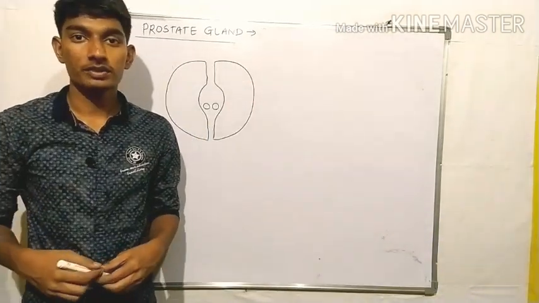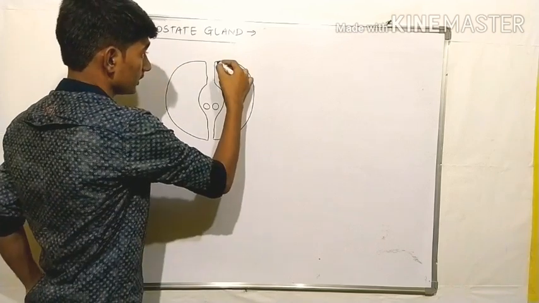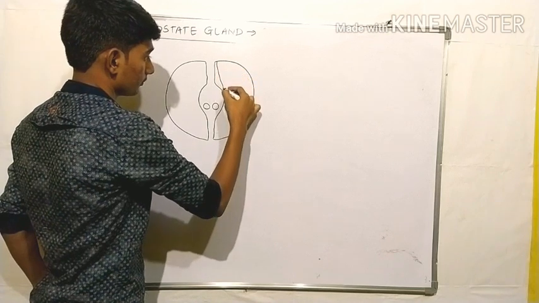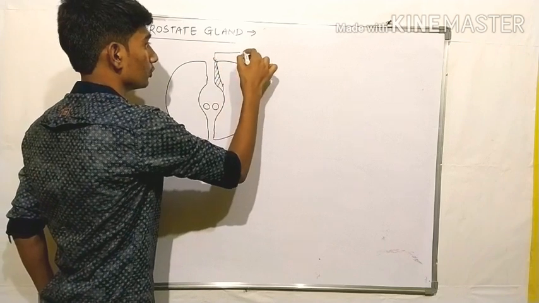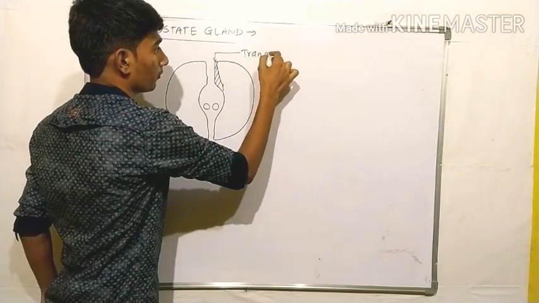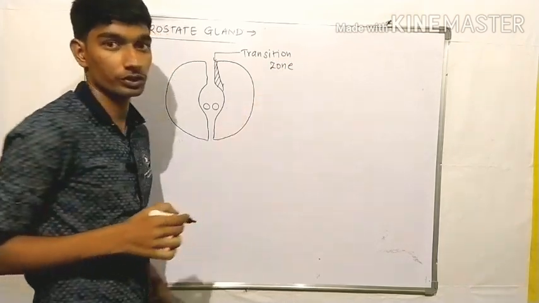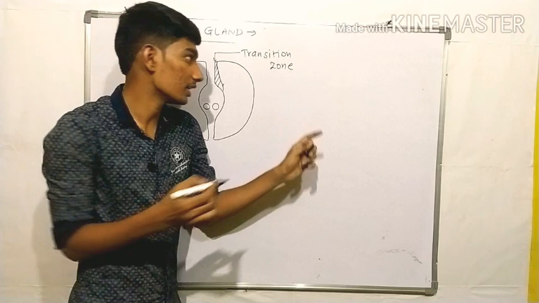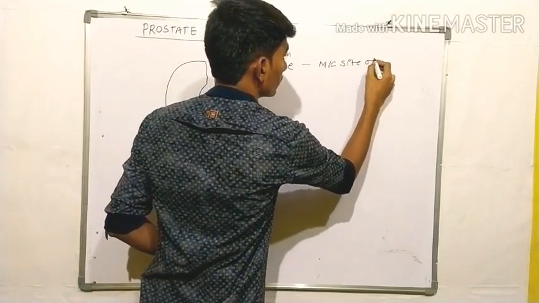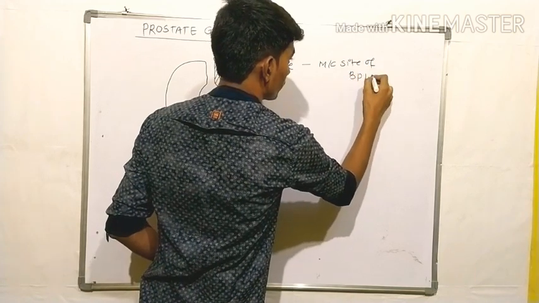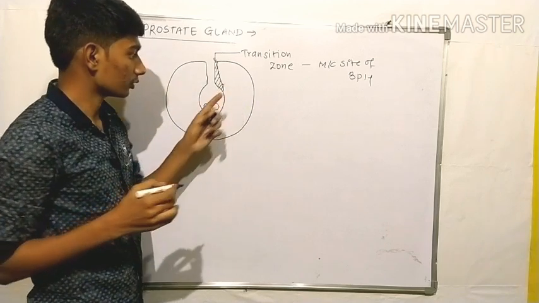Now we will discuss the various zones of prostate. This is the transition zone of prostate, and it is the most common site of BPH, benign prostatic hypertrophy. This transition zone surrounds the proximal urethra.